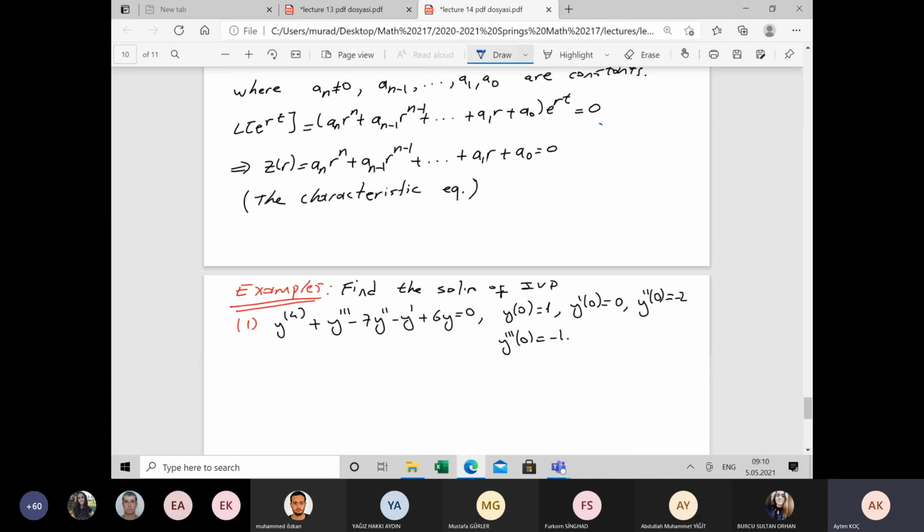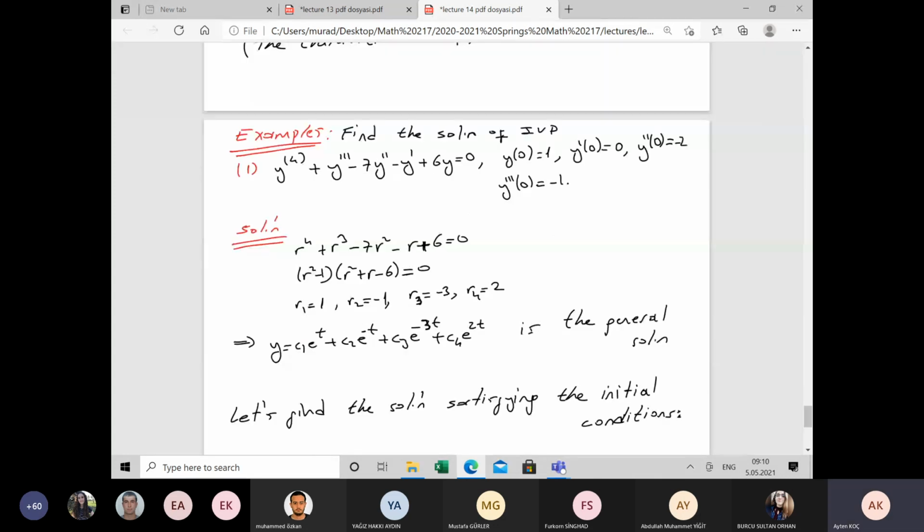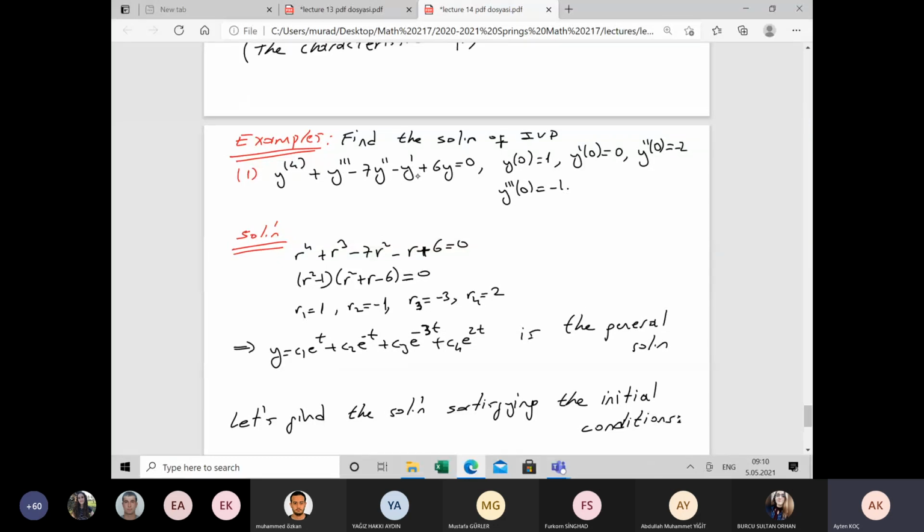Let's give an example. First, find the solution of the following initial value problem. The problem contains one differential equation of order 4.